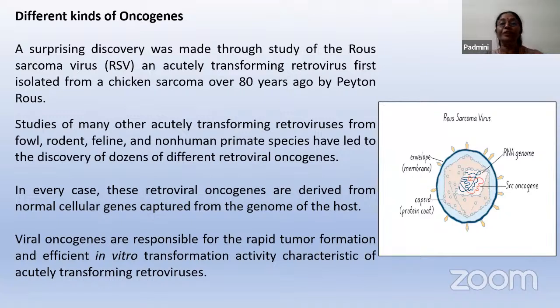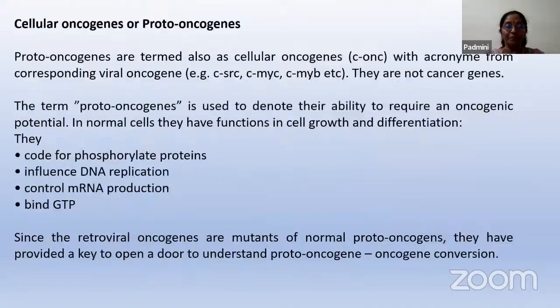Later on we found different types of viruses even in humans, which create different types of cancers. In every case, these retroviral oncogenes are derived from normal cellular genes captured from the genome of the host. And the viral oncogenes are responsible for the rapid tumor formation and efficient in vitro transformation activity characteristic of acutely transforming retroviruses.